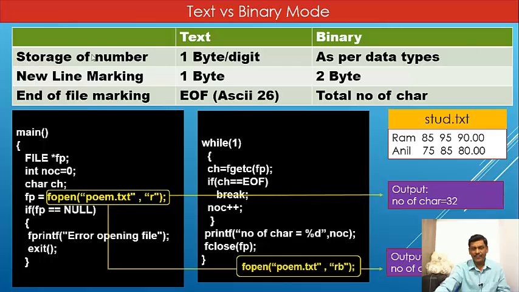In graphics, we start writing from the left, then write to the right side. After that, we skip to the next line and start to write. In binary mode, in graphics, the first line starts from the left and ends at the right side.